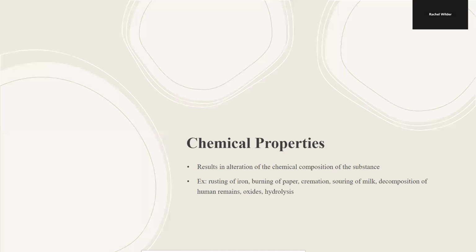Examples of chemical properties would be the rusting of iron, burning things, cremation is a chemical change, souring of milk, decomposition of human remains, also oxides and hydrolysis. Because remember, hydrolysis is technically the reaction of salts. And also you're dealing with electrolytes, so it'll produce electricity.